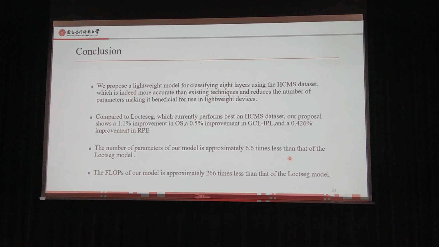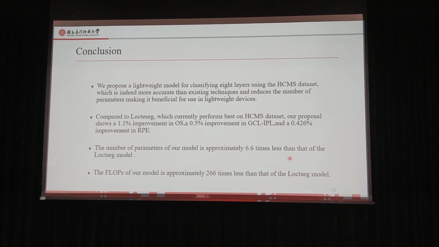And this is the conclusion. We proposed a lightweight module for classifying 8 layers using the HCNS dataset. And it indeed has more accuracy than existing technology and reduces the number of parameters. And it is beneficial for use in lightweight devices. Due to our change, we can run it on our lightweight device.